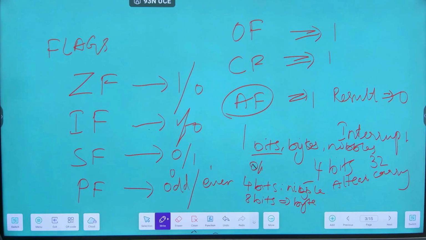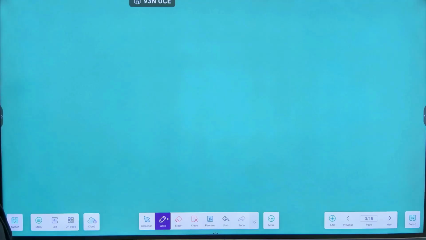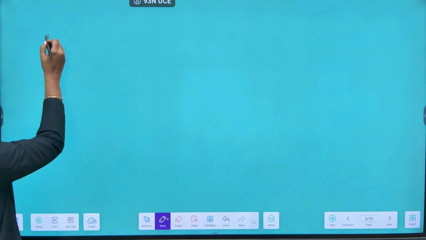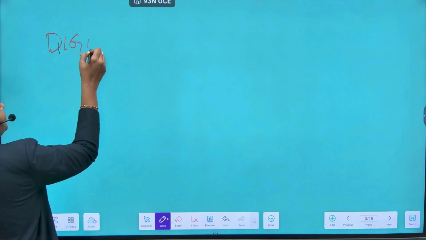So we have discussed registers. In registers, we have discussed general purpose registers, data registers, flag registers, stack pointer and instruction registers. Let's have a quick review of what we discussed today. We spoke about what a digital computer is.